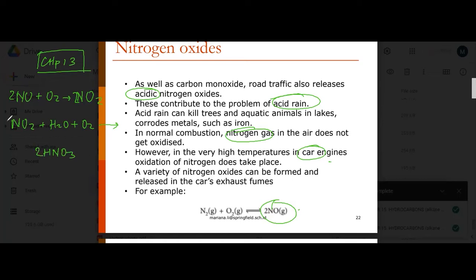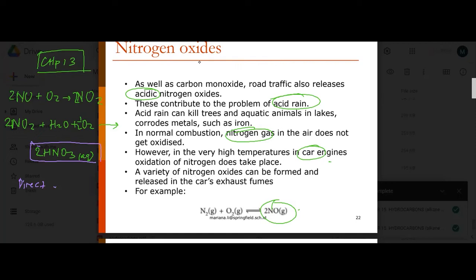You can balance this, 2 each, and 6 O. This is why acid rain occurs, because HNO3 is formed by the reaction of NO2 with H2O. So this is called the direct formation of acid rain, because nitrogen monoxide undergoes oxidation to form nitrogen dioxide and then combines with water.